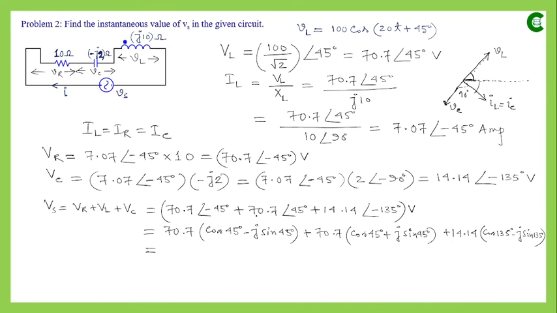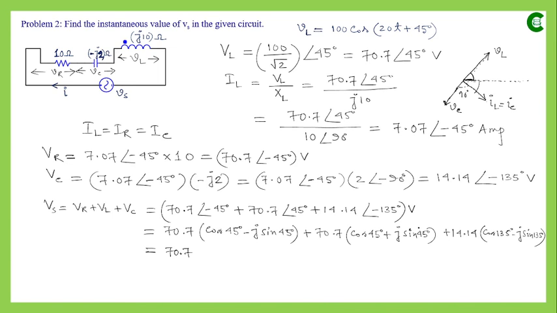And plus j sine of minus 45 degrees, so it will be minus j sine 45 degrees, and that rule we have applied for the other values also. Then if we put the values of cos 45 degrees and sine 45 degrees, it will be 70.7, and then cos 45 degrees is 1 by root 2, and sine 45 degrees is also 1 by root 2.